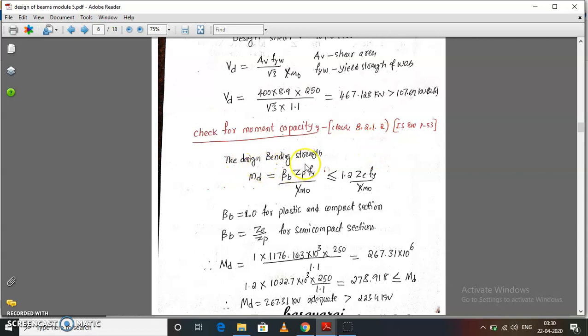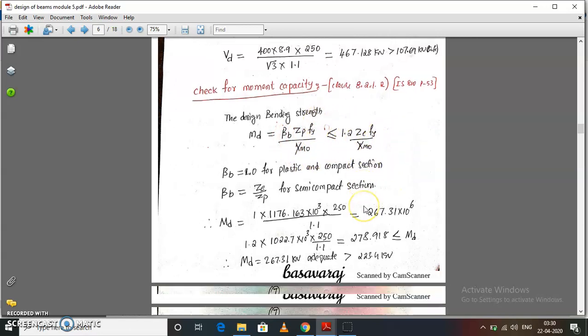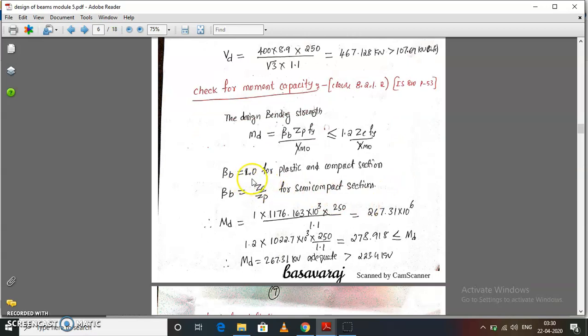Therefore, the design bending strength is given by beta b Zp fy by gamma m0. Again, it should be less than or equal to 1.2 times Ze fy by gamma m0. So beta b is 1 for plastic section. Therefore beta b, here 1, into Zp, we have already noted down 1176.16 into 10 power 3 into fy 250 divided by 1.1.